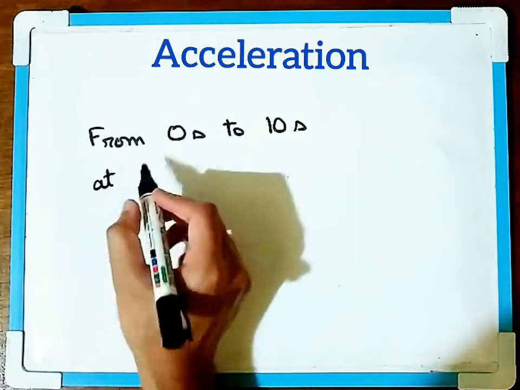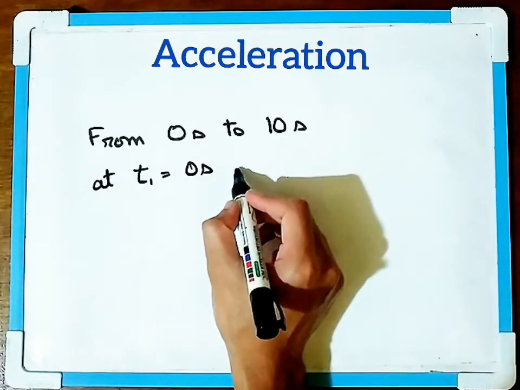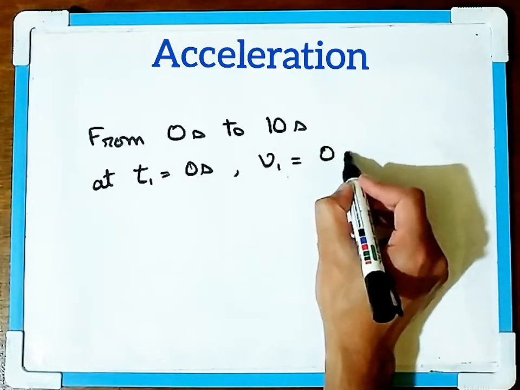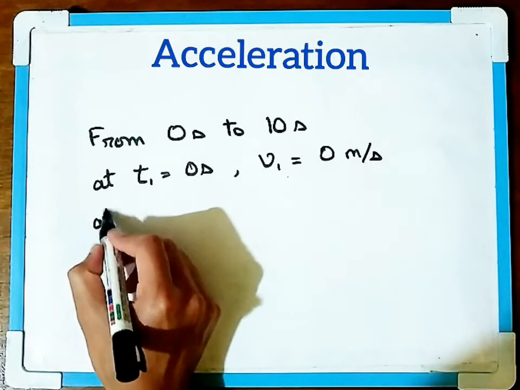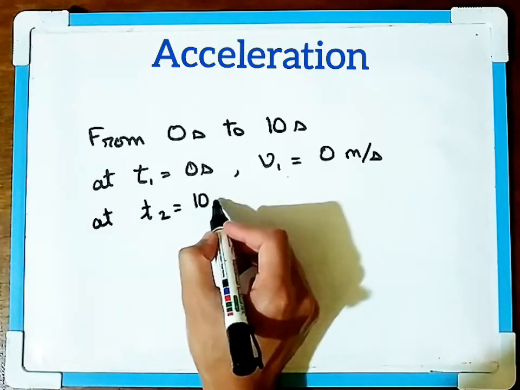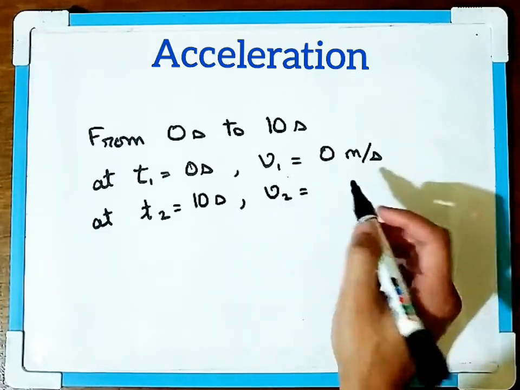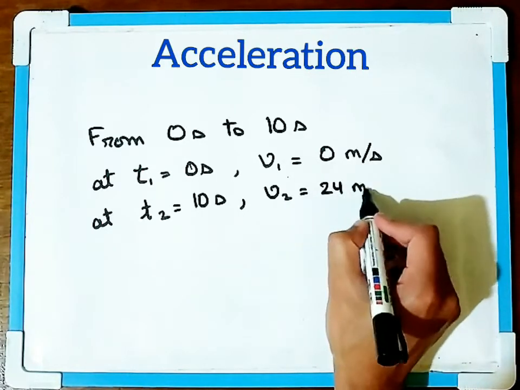At t1 equal to 0 seconds, the velocity is equal to 0 meters per second. Then at t2 equal to 10 seconds, the velocity is equal to 24 meters per second.